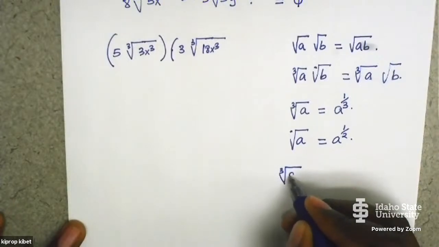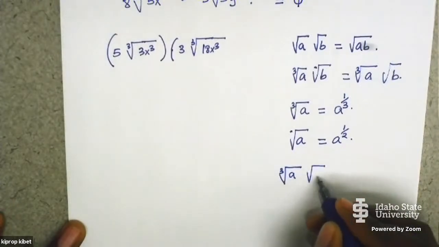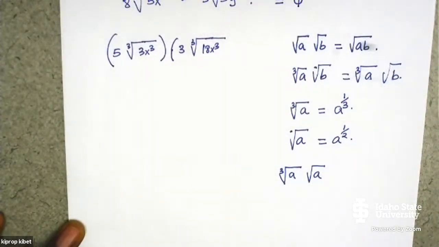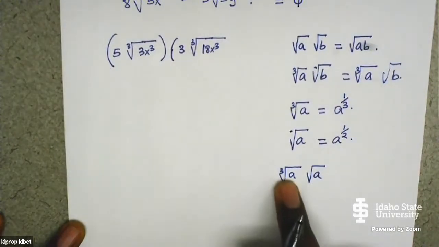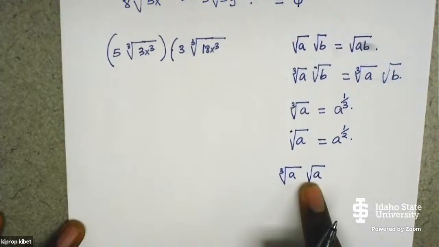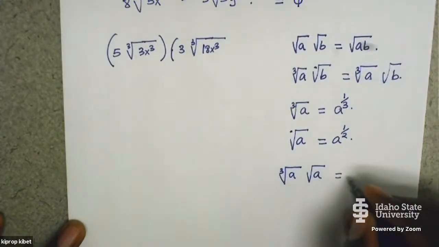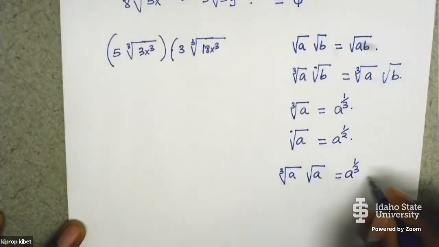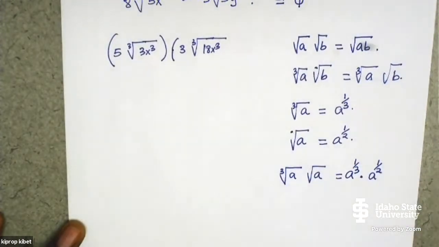The cube root of A and the square root of A is the same as A raised to 1 over 3 multiplied by A raised to 1 over 2.